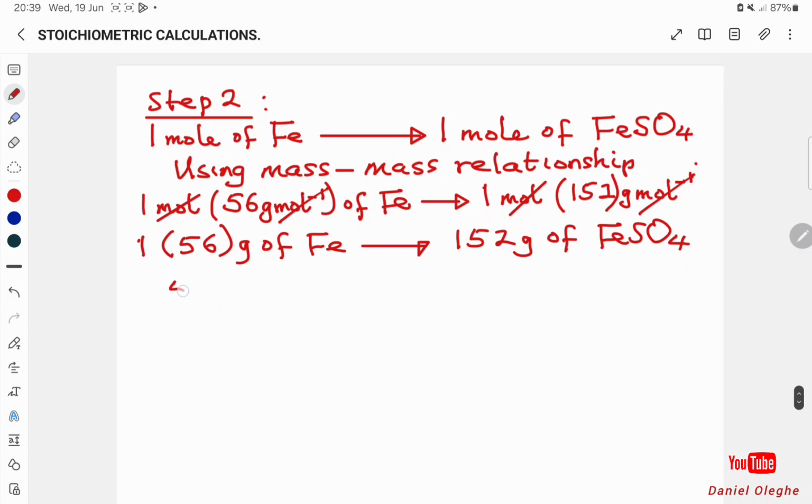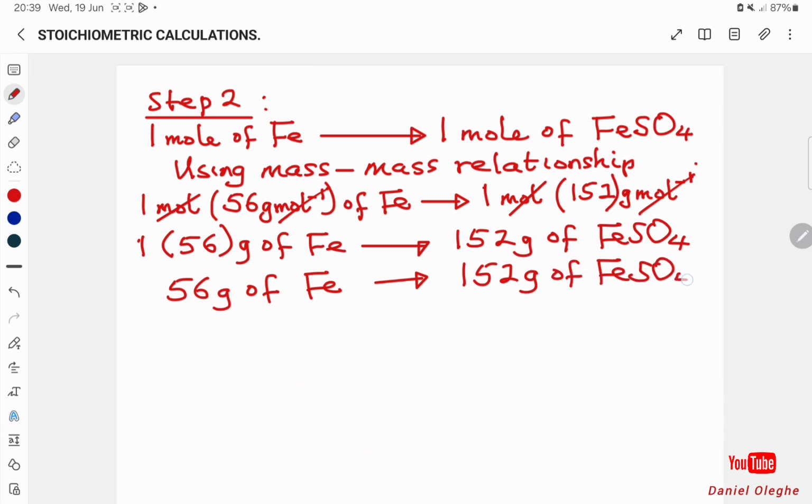So we now have 56 gram of iron, which is the 1 mole, will react to give 152 gram of FeSO4.